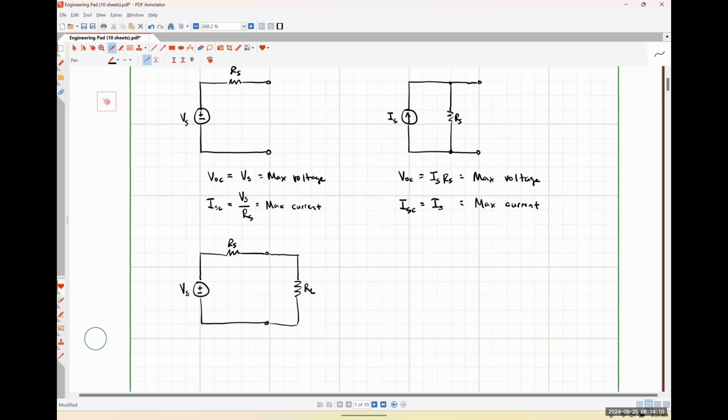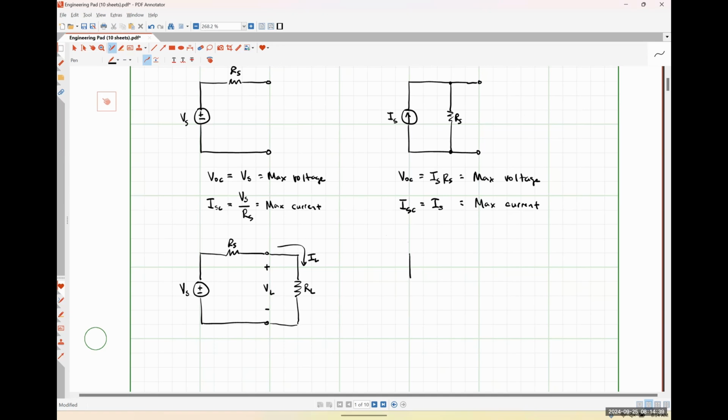The value of RL is completely and utterly inconsequential for the exercise that we are about to do. Okay. So it's just a resistor that I'm interested in. I'm going to define the voltage drop across my load resistance as VL, and I'm going to define the current flowing through my load resistance as IL.